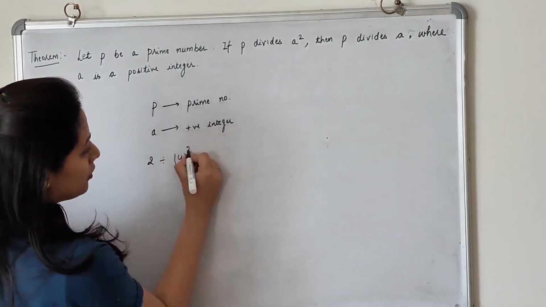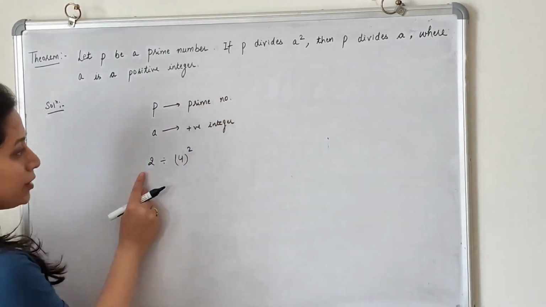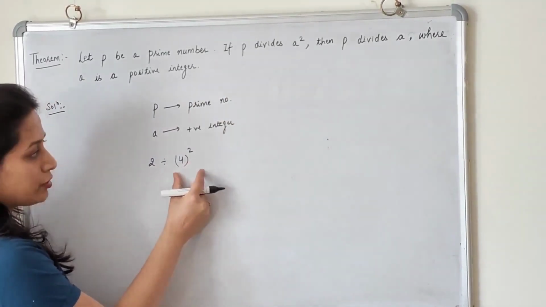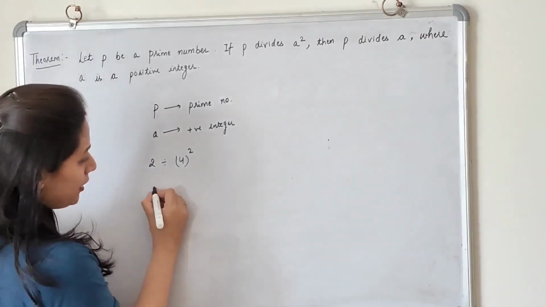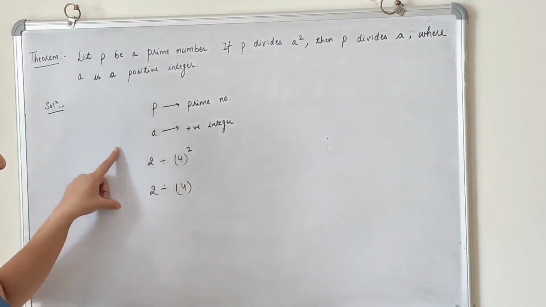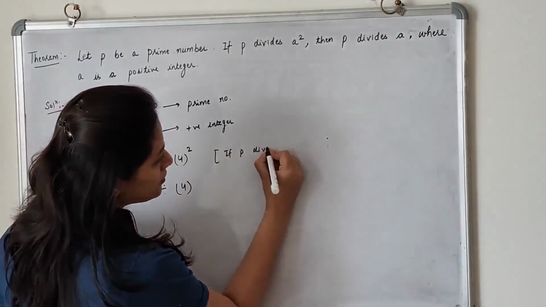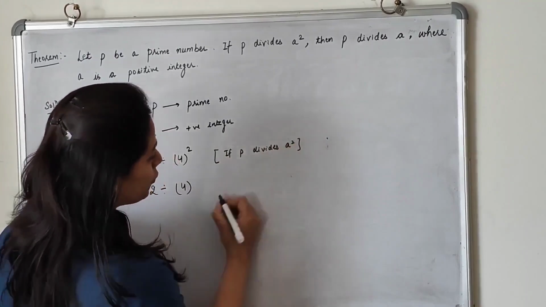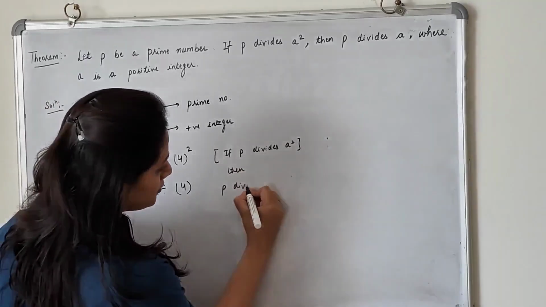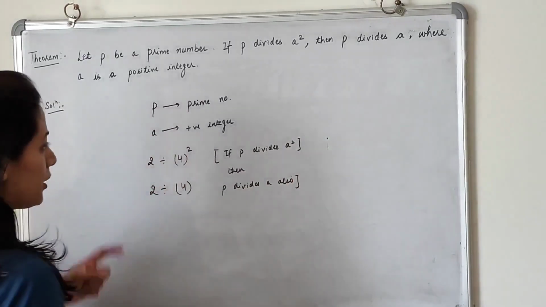Let's say it's 4. What it says, if p divides a square, if the prime number divides the square of any positive integer, which is true, then it divides a also. That's correct. If p divides a square, then p divides a also, which is true.